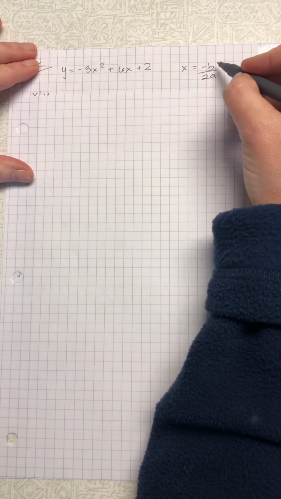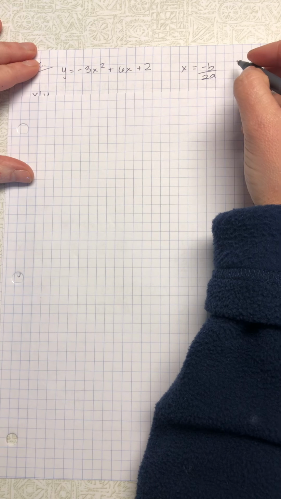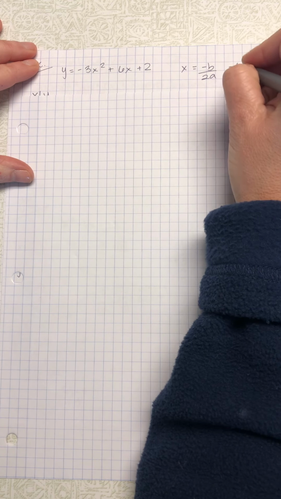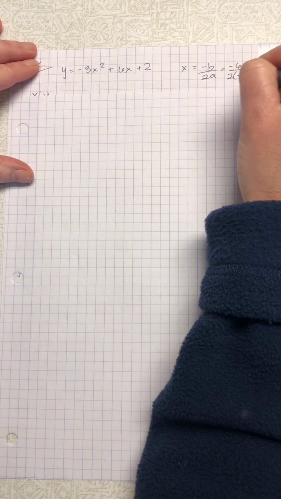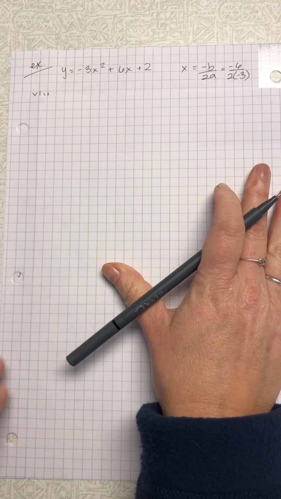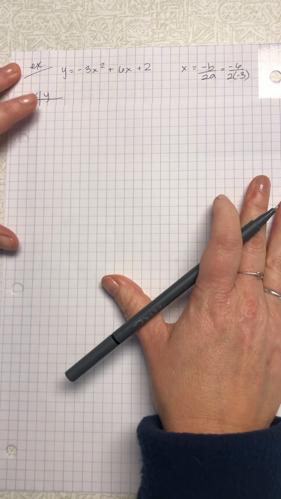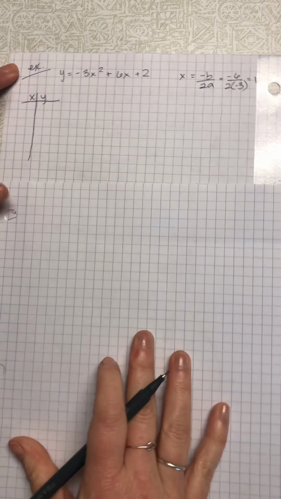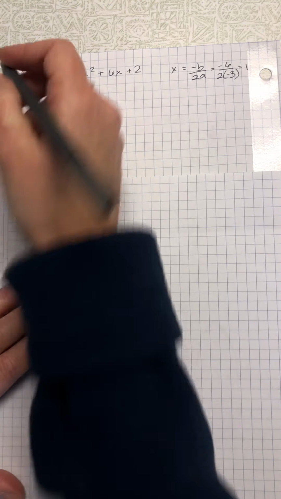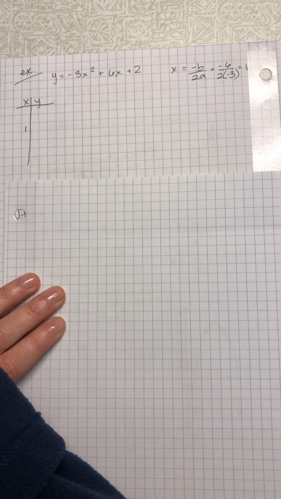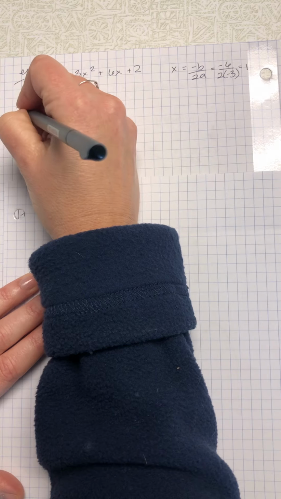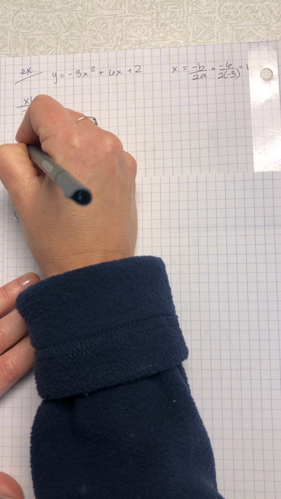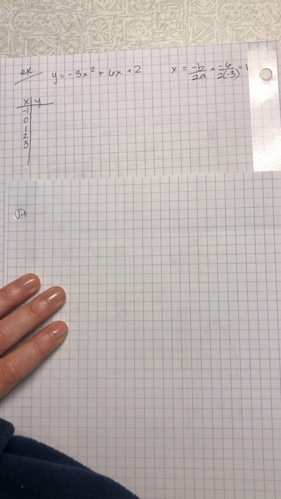When we substitute for solving for the line of symmetry, we want to find our x by putting in -6 over 2 times -3, which is equal to 1, a positive 1. So that means 1 is my middle, which means above it I need 0 and -1. And then if I continue in order, then I have 2 and 3. So that's how I picked my x's.